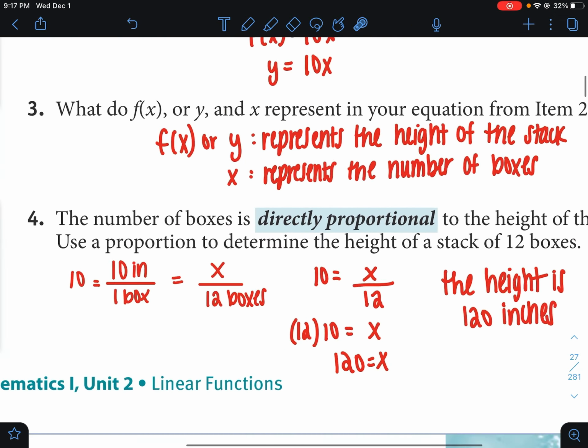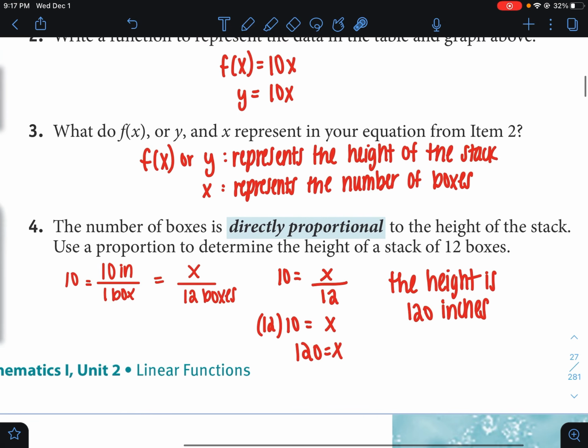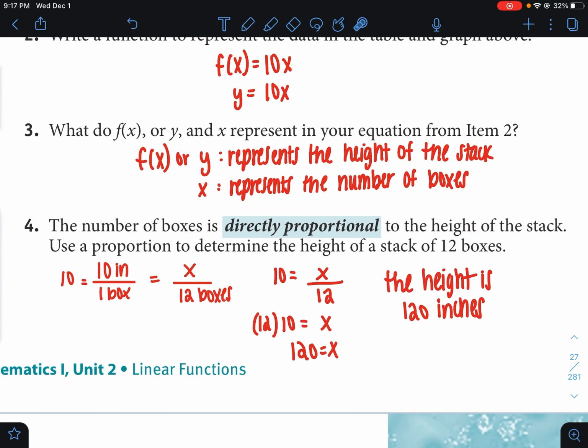For example, we can use this to figure out the height of 12 boxes. We said every box is 10 inches, or there's 10 inches per every box. That's a ratio of 10. That would be the same ratio as if I had 12 boxes. So essentially we're asking, if I have 12 boxes, what's my total height?